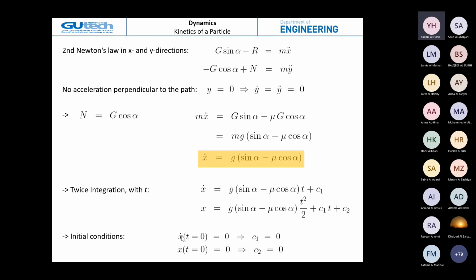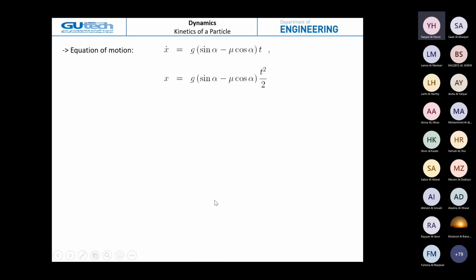The mass m was at rest, so the velocity at time t equal to zero is zero, and the position is also zero. Then C1 and C2 are equal to zero. Then we have the equations of motion: acceleration, velocity, position.